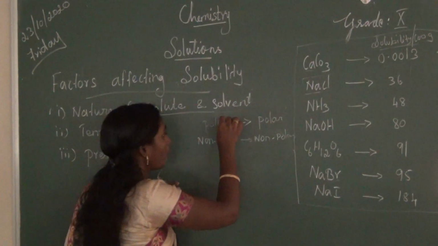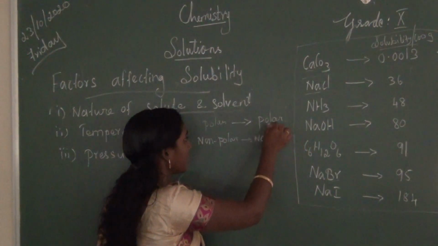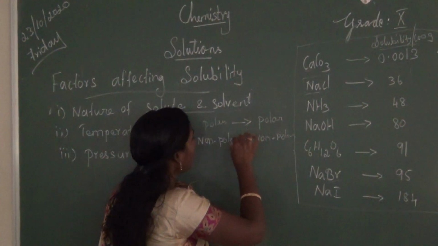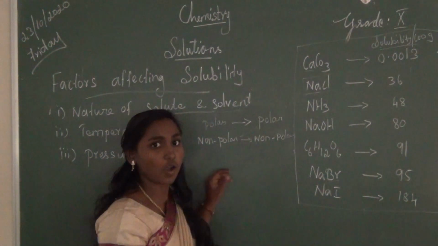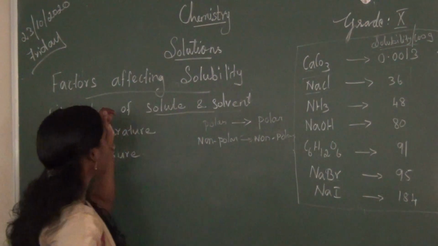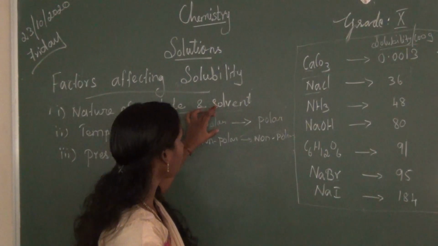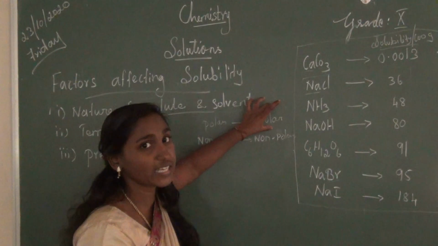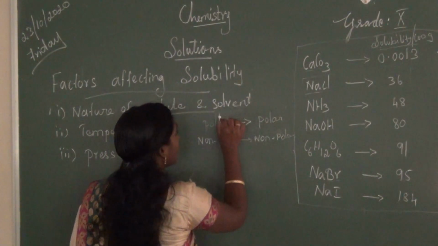Polar compounds do not dissolve in non-polar solvent, and non-polar compounds do not dissolve in polar solvent. This is the nature of solute and solvent. Polar compounds dissolve in polar solvent; here the example is sodium chloride dissolving in water.